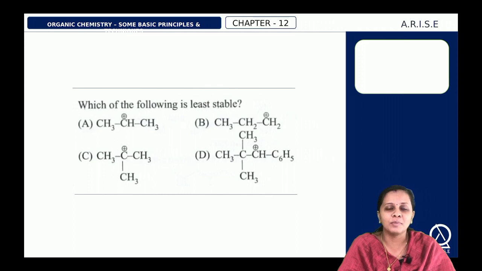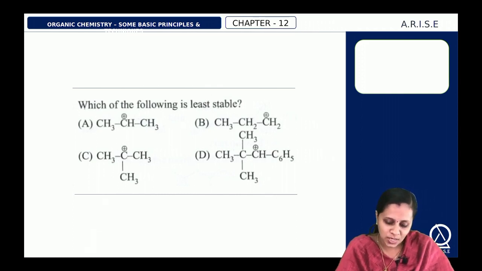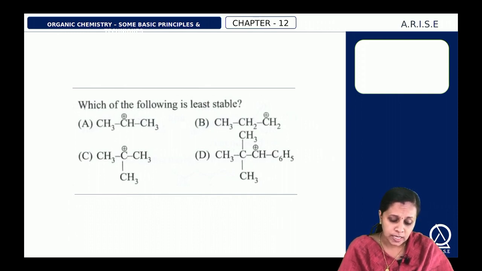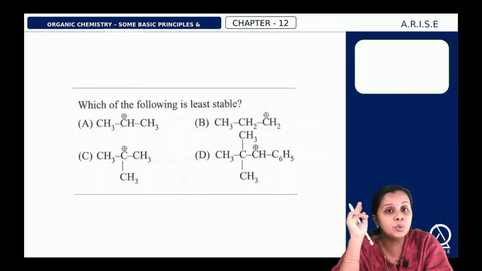Okay. Now, moving on to the next question. Again, this is related to carbocation. Which of the following is the least stable one? So, let us consider CH3CHCH3 plus, CH3CH2CH2 plus, CH3C(CH3)CH3 plus, and (CH3)3C-CH plus C6H5. Carbocation stability: there are two factors which decide the stabilization of a carbocation.